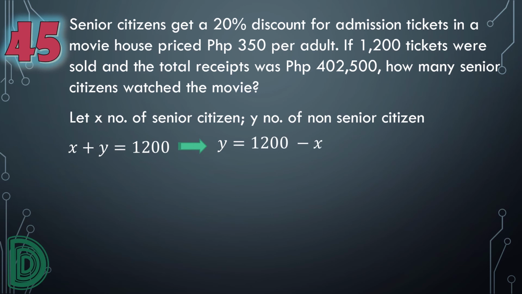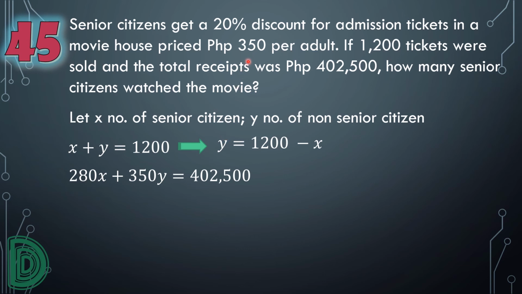Also, 402,500 is the total sales. Then we have 280x, that is the number of senior citizens, times the price, that is 350 less 20%. 10% of 350 is 35, 20% is 70.